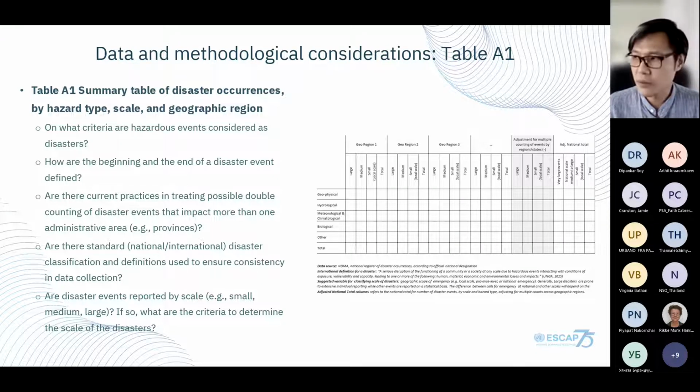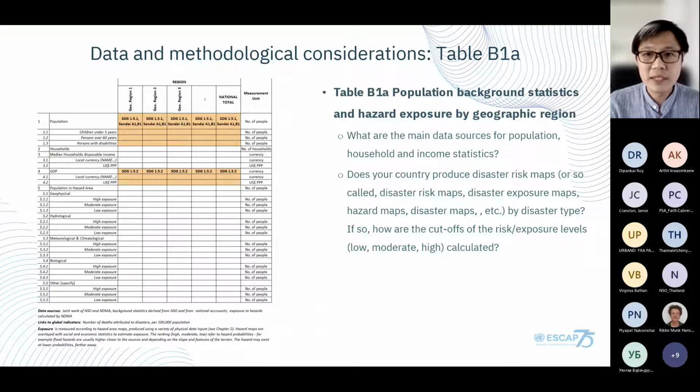We also want to understand if and how different scales of disaster are being reported or recorded in different country contexts. For table B1 A, that would be a record from the disaster agency perspective.